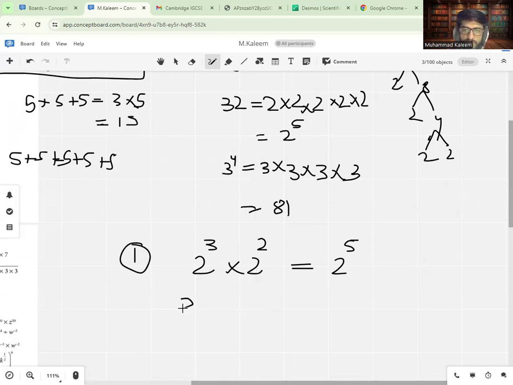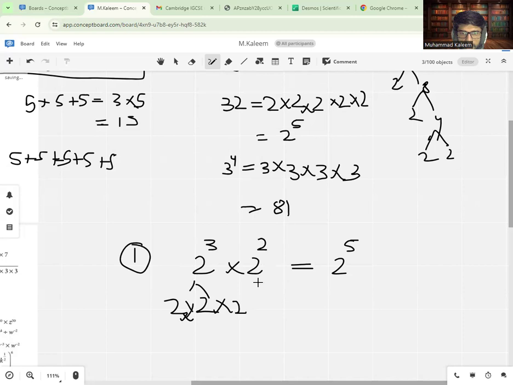If we have 2 raised power 3 and 5 raised power 2, then we cannot add their powers. It's not possible because they don't have the same base. This is only applicable when we have the same base and they are in multiplication, so we just have to add their powers. You can also understand it this way: what's the meaning of 2 raised power 3? It means that we have 2 times 2 times 2, and 2 times 2.